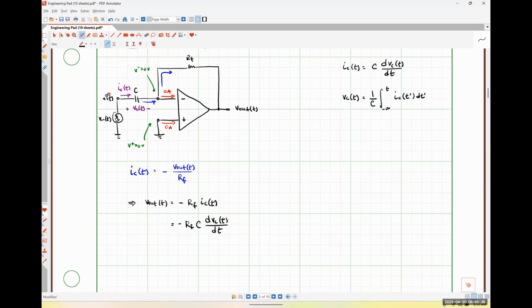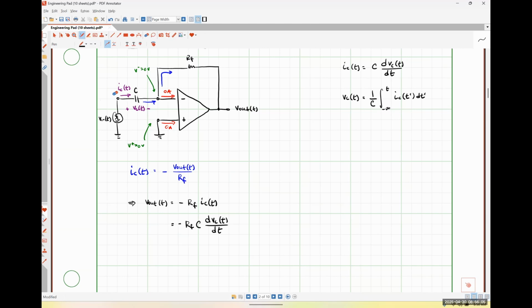So there's our Vin of t. We can see that the positive polarity terminal of our input voltage is at the same node as the positive polarity terminal of our capacitor voltage. The negative polarity terminal of our input voltage is at ground, and the negative polarity terminal of VC is at 0 volts or a virtual ground.